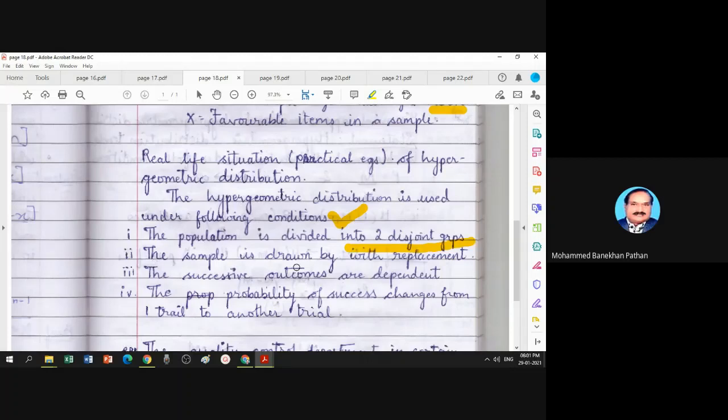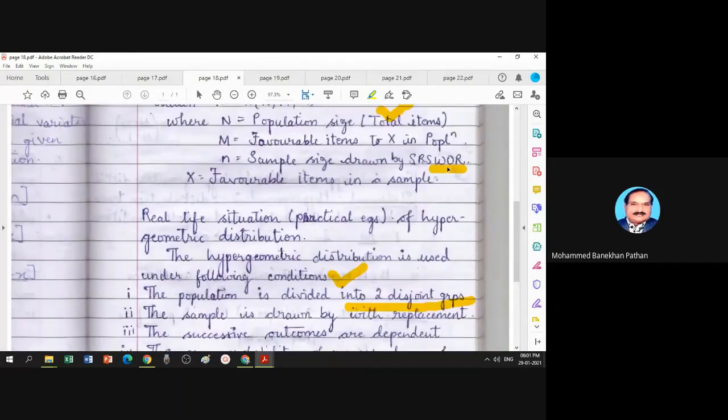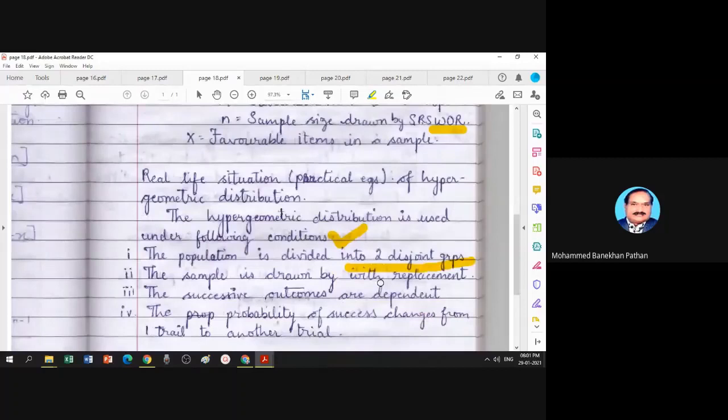Second, the sample should be drawn without replacement. This is a big mistake in the writing. Just now I told, the sample should be drawn without replacement. So when you take the printout of these notes, here write without. This is wrong. It should be without replacement.